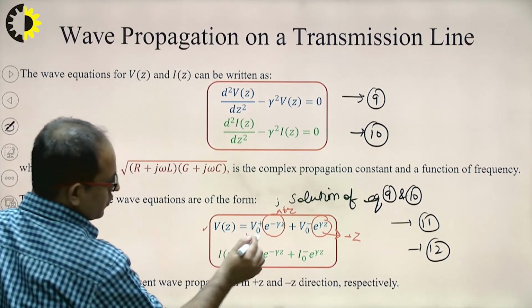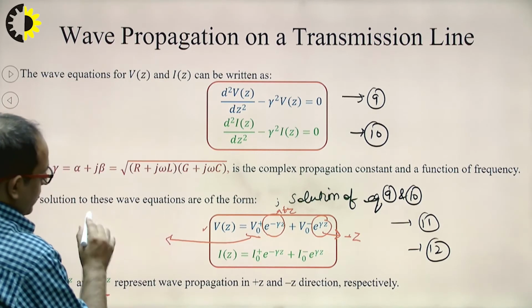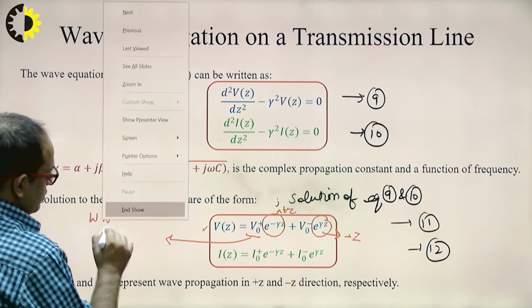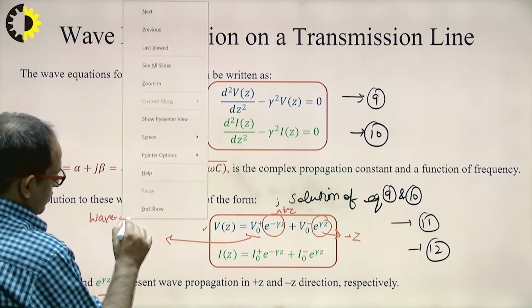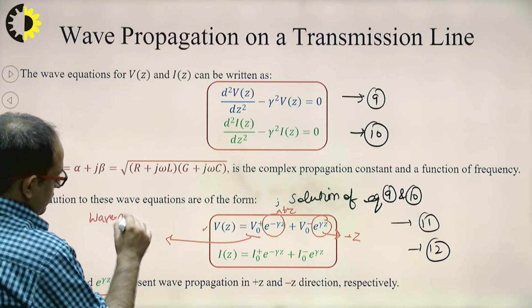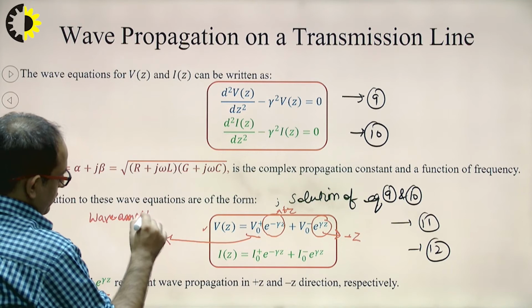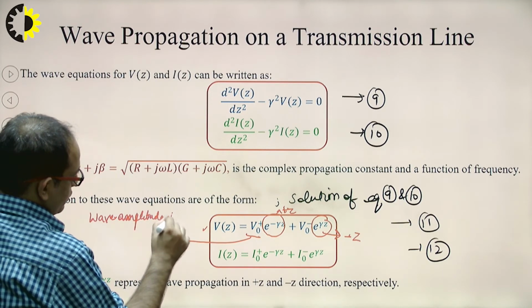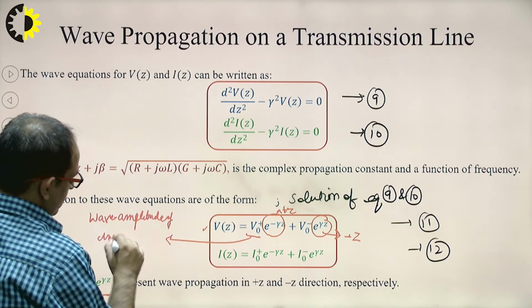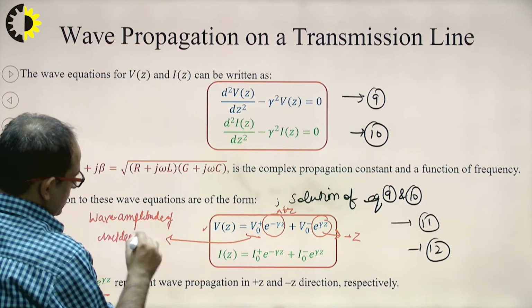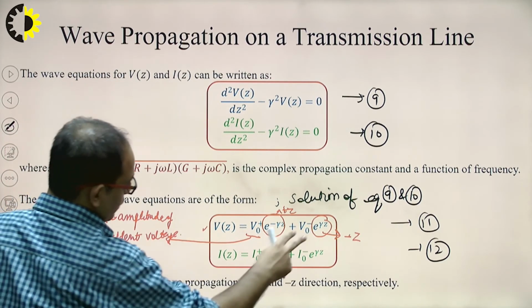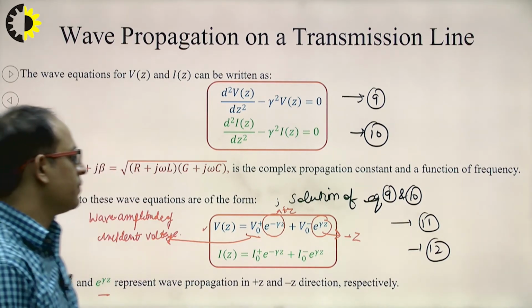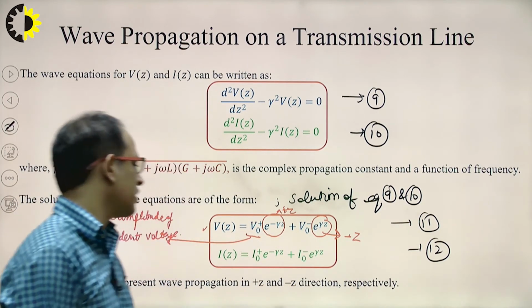Similarly, V0 plus represents the wave amplitude of the incident voltage, and V0 minus represents the wave amplitude of the reflected voltage.